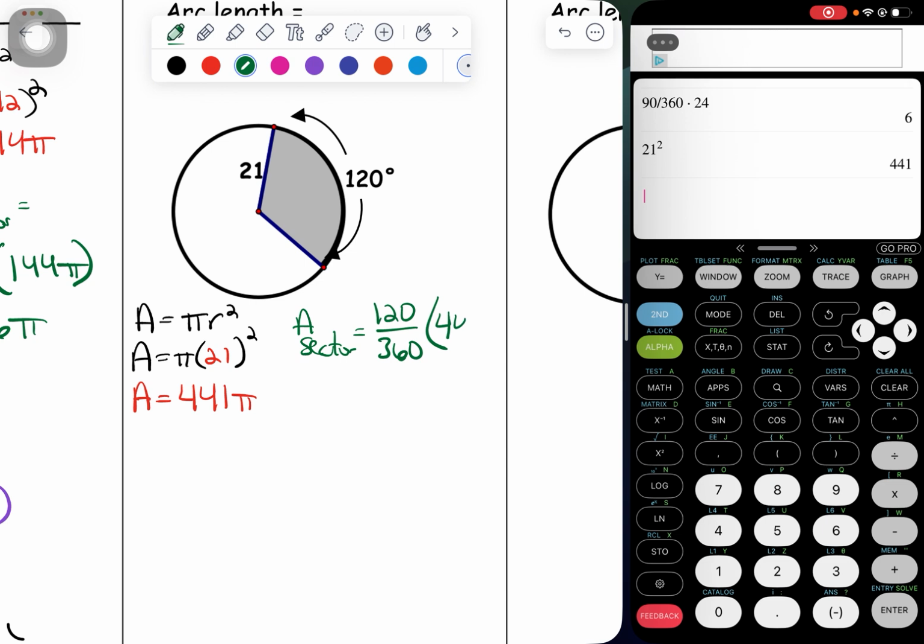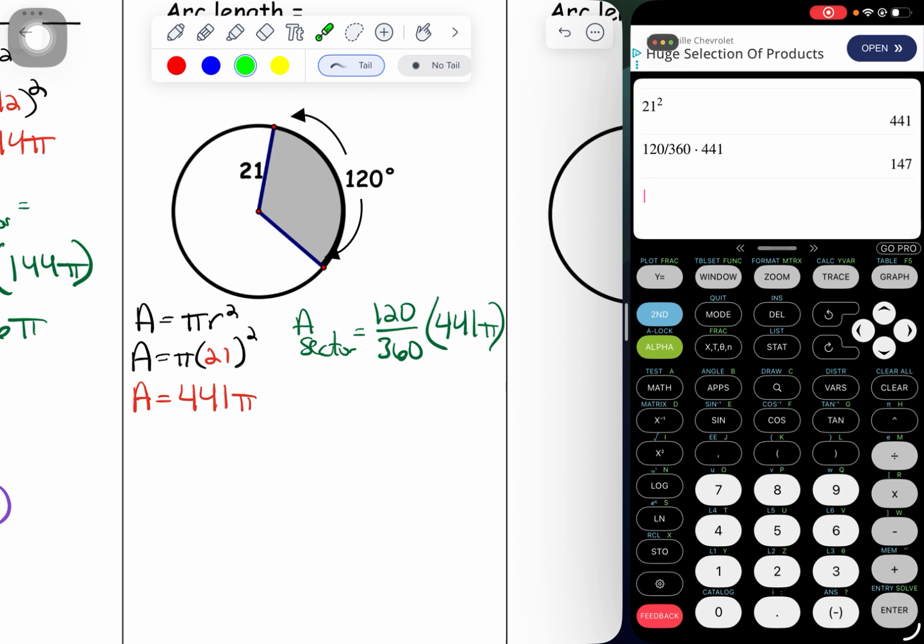So 441 pi. I'm going to do 120 over 360 times 441.